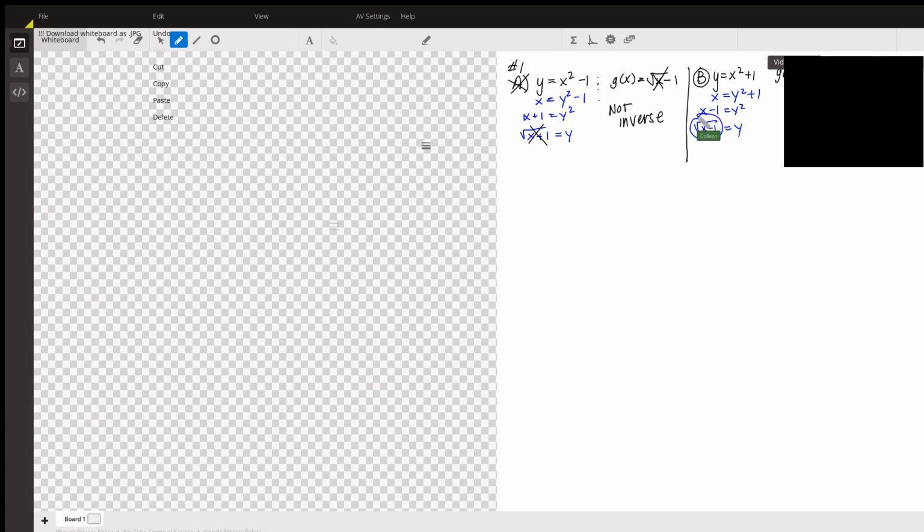So these guys actually do match. So these are inverses. So B works. I'm not sure if this is going to be a scenario where multiple answers can work. So let's go ahead and just check to be thorough.